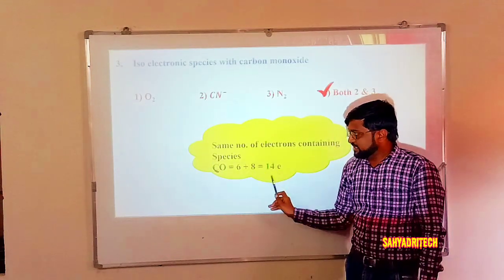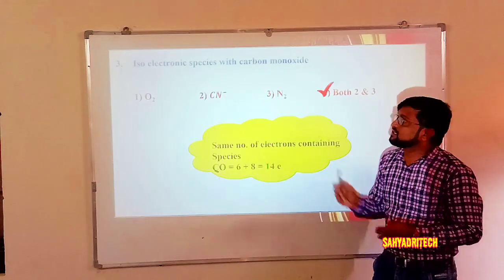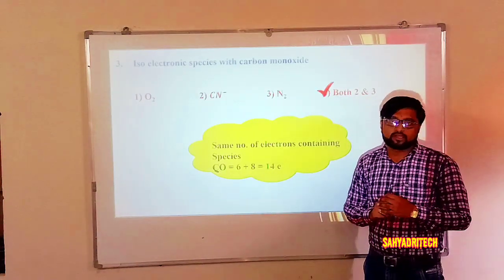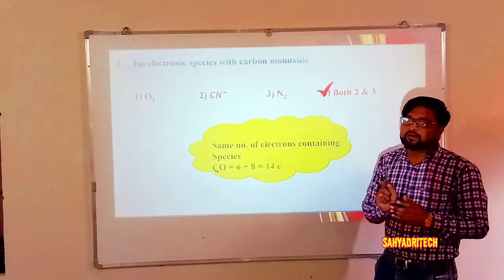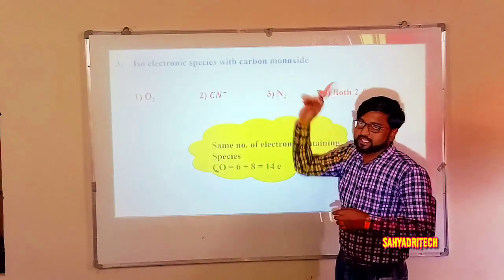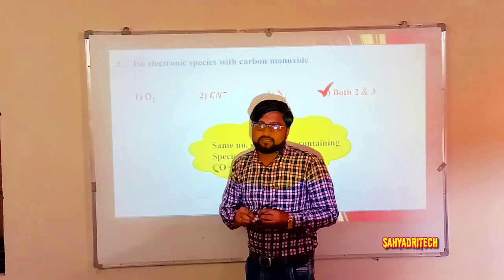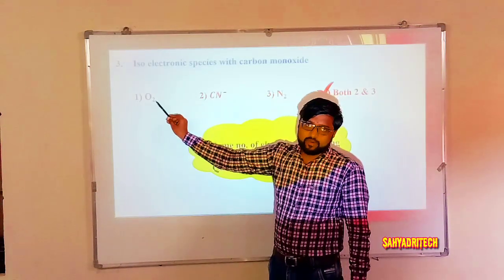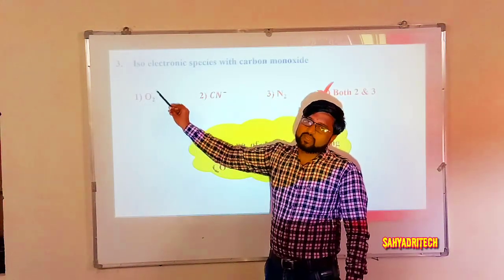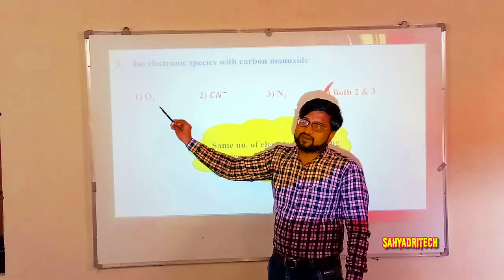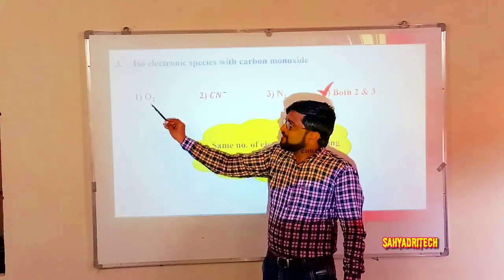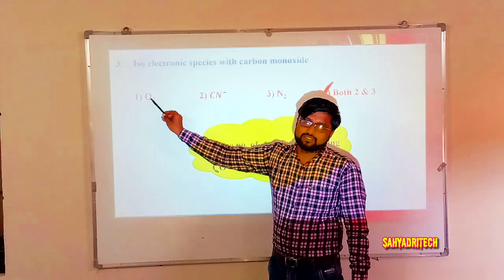So how many electrons are present? 14 electrons in a molecule of carbon monoxide. So the total number of electrons is equal to 14. Keep it in mind. Coming to the first option, O2. Here, to calculate the total number of electrons, we get 2 into number of electrons of oxygen.